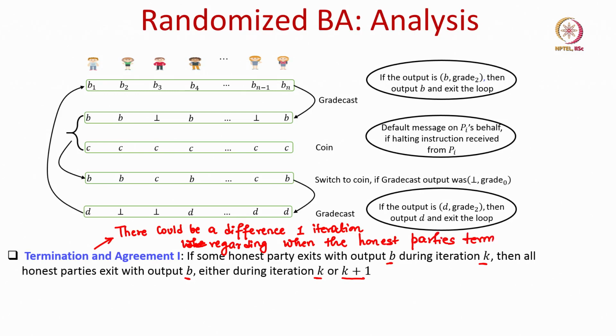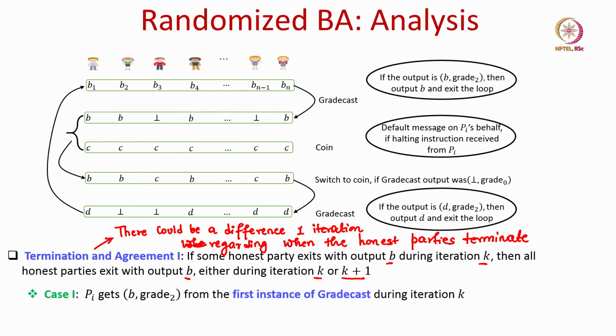It is not always necessary that is the case, but it could be possible that one honest party terminates in say the iteration number 20 and other honest parties terminate in iteration number 21. That could be possible, and whenever an honest party is terminating, it will not be sure that everyone else also will be terminating along with it in the same iteration. What it will know is that definitely by the end of the next iteration everyone else will also terminate. Okay. So, let us prove this property.